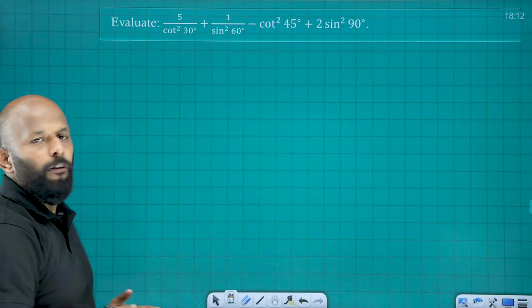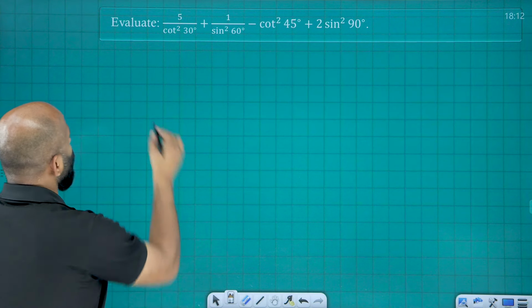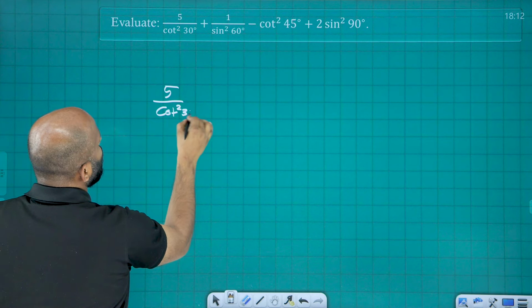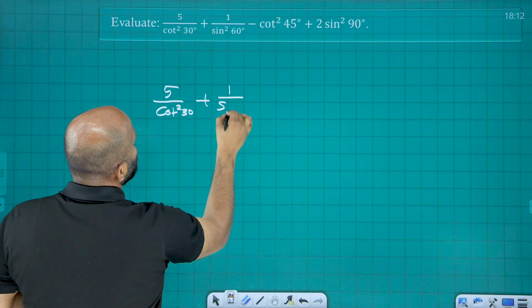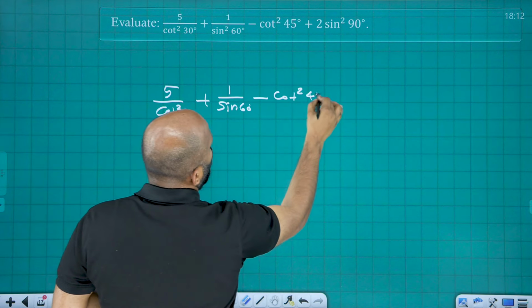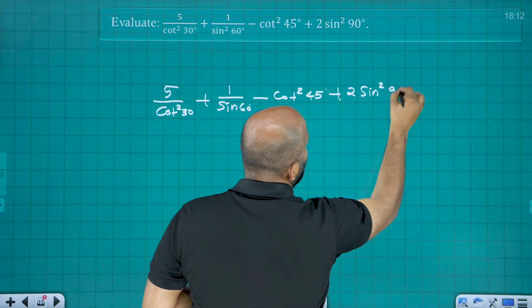Our next question is 5 by cot square 30 degree plus 1 by sin square 60 degree minus cot square 45 degree plus 2 sin square 90 degree.